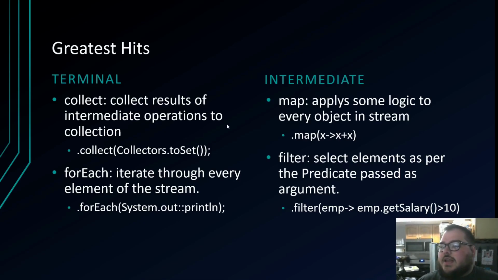You can map that to get which building they work in using a method on that employee. It doesn't need to be a mathematical equation. What we need to understand is that we're applying some logic to every object in the stream.